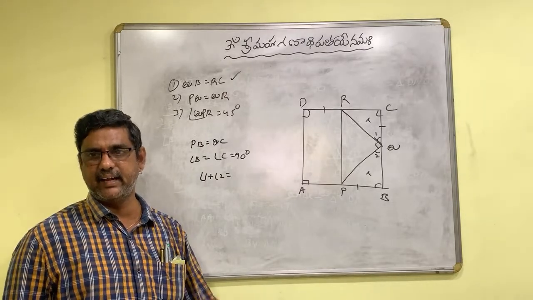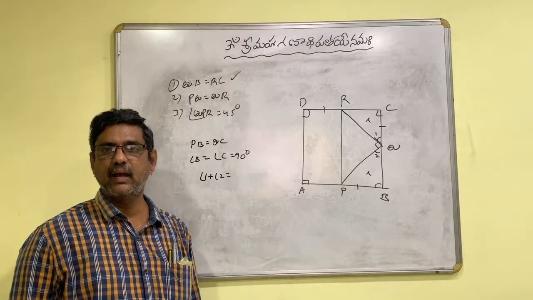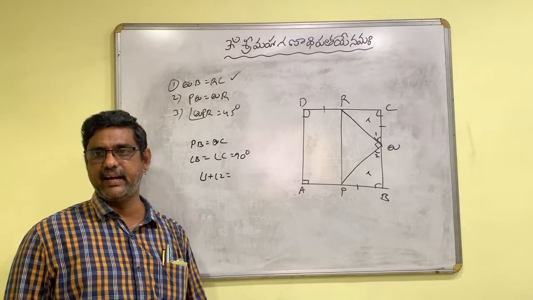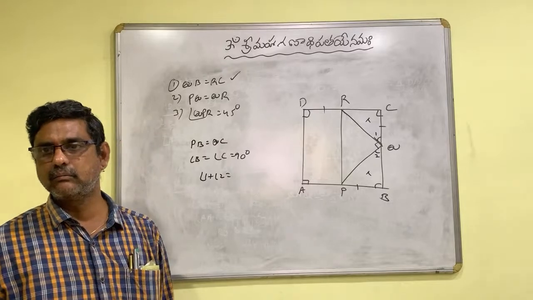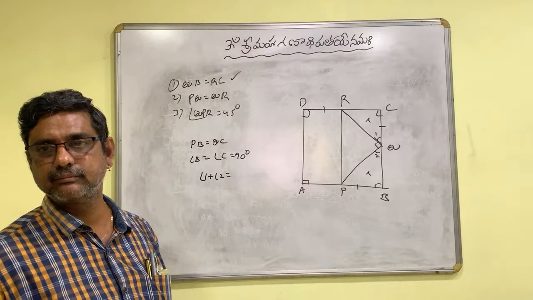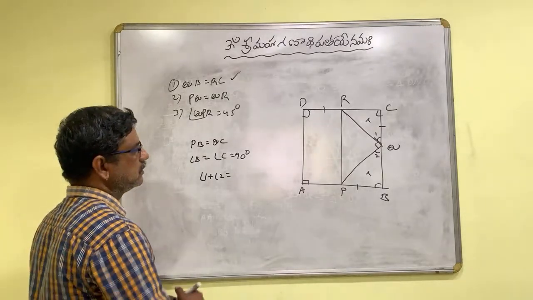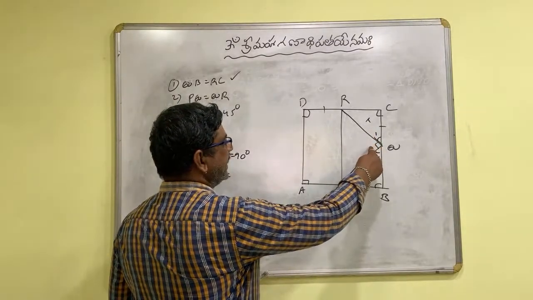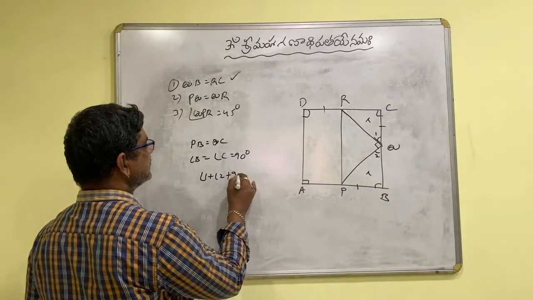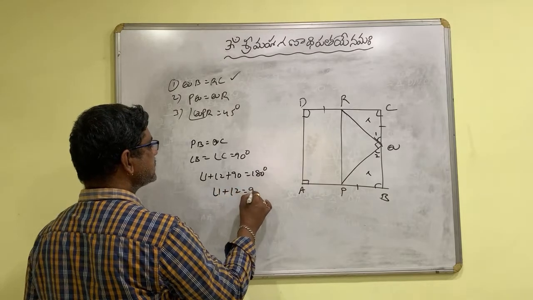Why 180? It is 90 because angle 1 plus angle 2 plus 90 degrees is equal to 180. So angle 1 plus angle 2 is 90.